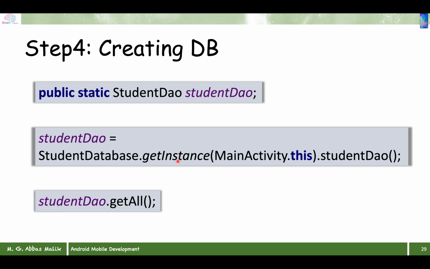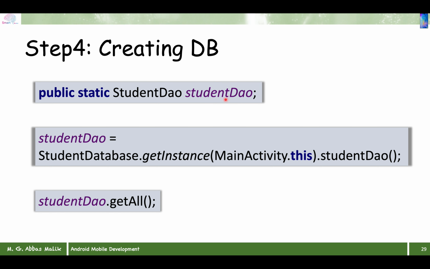If the database object is null, create it and return it. Once it is returned, we have the database object, and from it we run the create student DAO abstract method, which returns the student DAO object, which we are saving inside that student DAO.